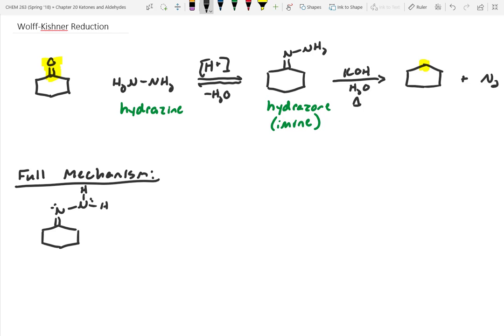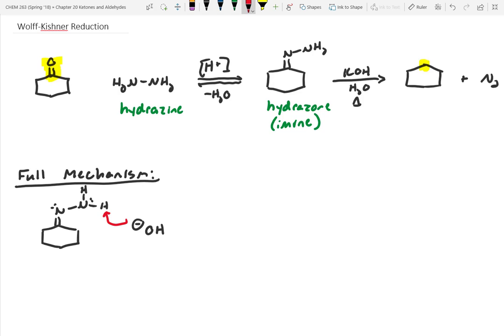All right, and in the next step of the Wolff-Kishner reduction, we've got hydroxide around. We've got to find the most acidic proton. Where is that going to be? Is it going to be a CH proton or an NH proton? NH, right? Going back to first term, we can follow the cardio rules. We want to pick the one that's attached to the more electronegative atom.